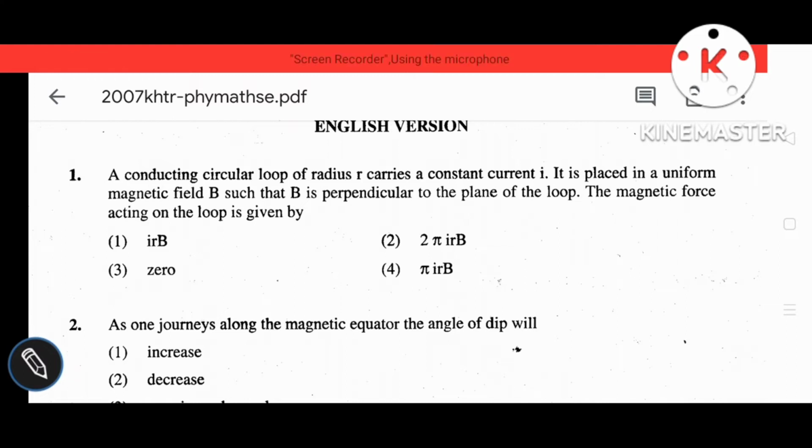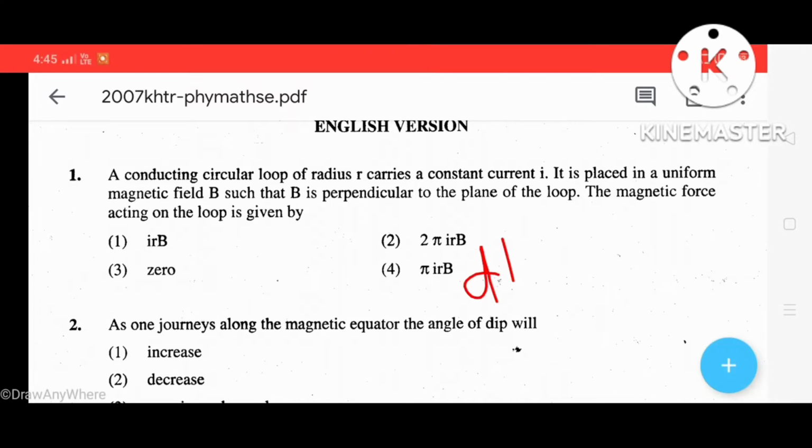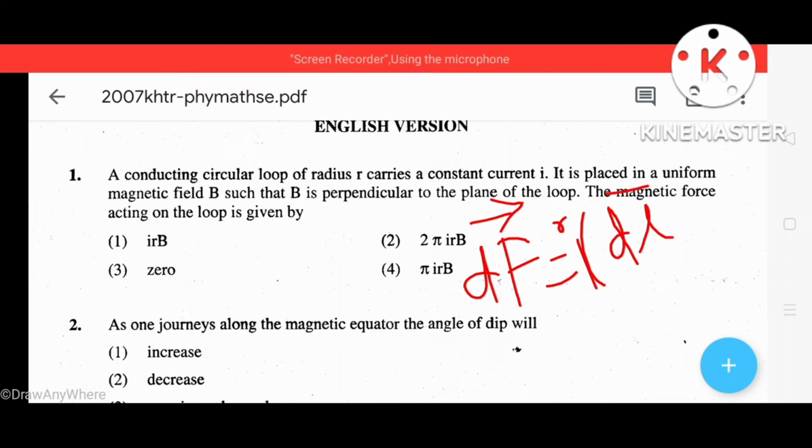Since this magnetic field is perpendicular to the plane of the paper, if we consider two diametrically opposite elements, and since the directions of the current are opposite, forces will always cancel each other, due to the value given by dF bar equal to I into dL bar cross B bar.